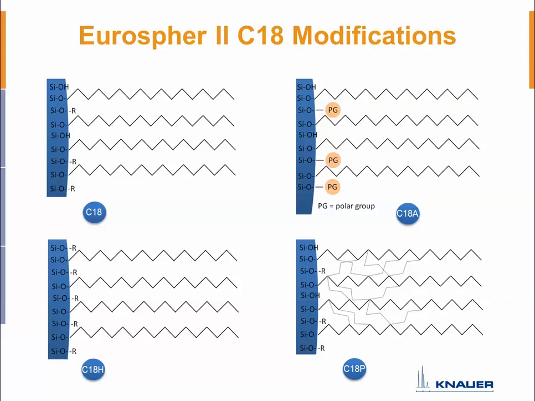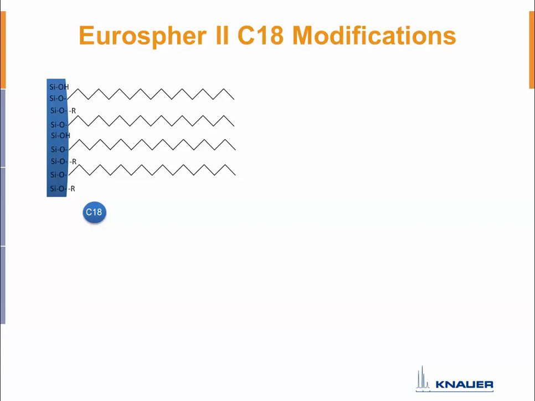So you see here there is a normal end capping step, you have some groups marked with an R, and afterwards there's a polymeric bonding between the C18 chains. And this is also something really special that leads to a high stability of this phase also in different pH ranges.